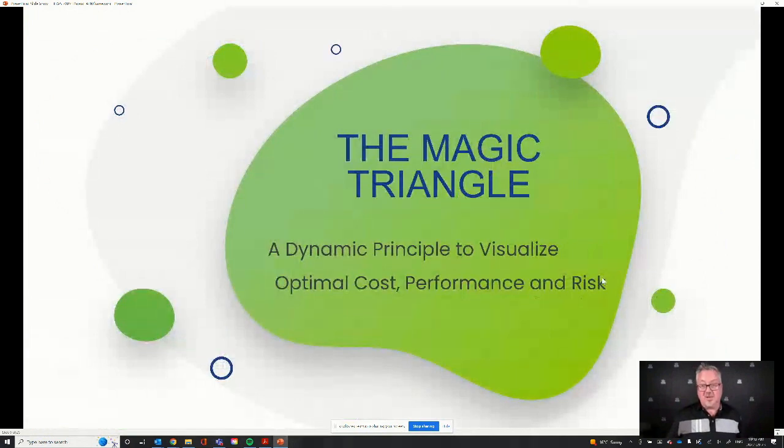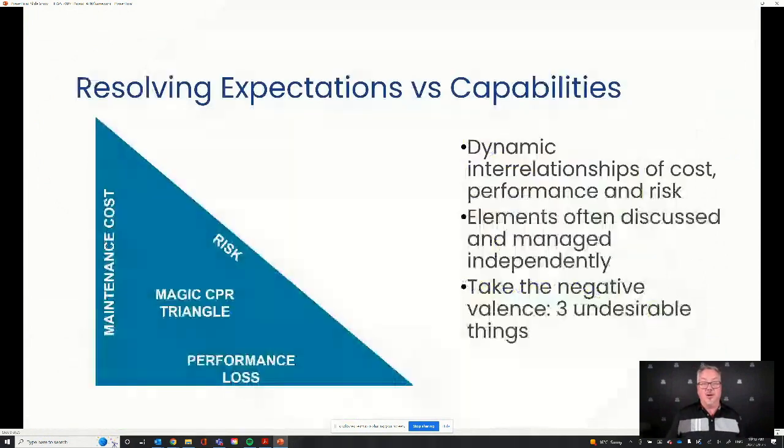All right. So first, let's talk about the magic CPR triangle. So again, this goes to managing cost, performance, and risk at the same time. And I'm showing here three bad things or undesirable things. Maybe not bad. They're necessary, but you don't want too much of them.